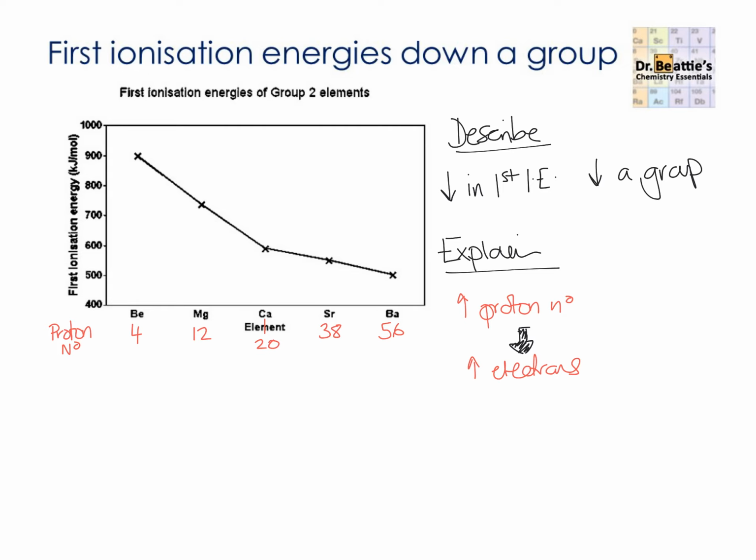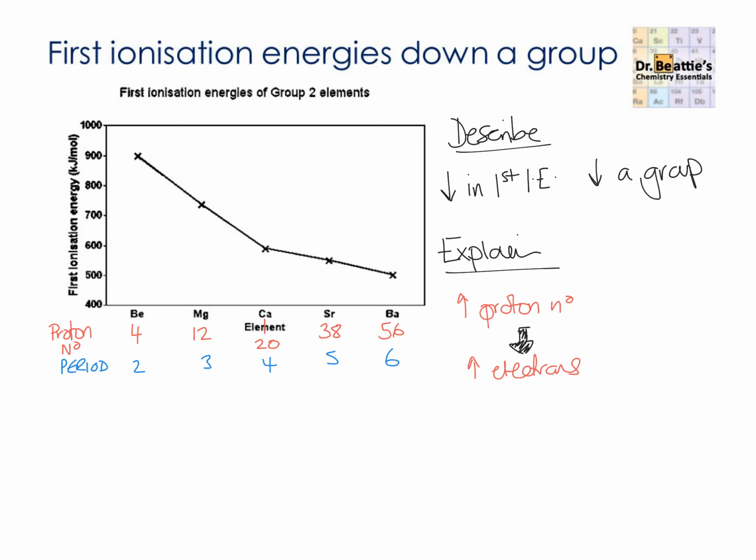Now, as we go down a group, what happens is the number of shells increases. Beryllium, for example, is in period 2, magnesium period 3, calcium period 4, strontium 5, barium 6. And so in terms of the shells that it has, each period tells you the number of shells.